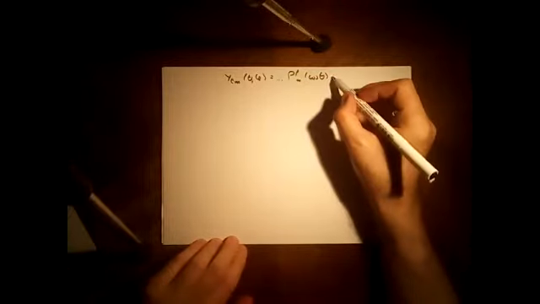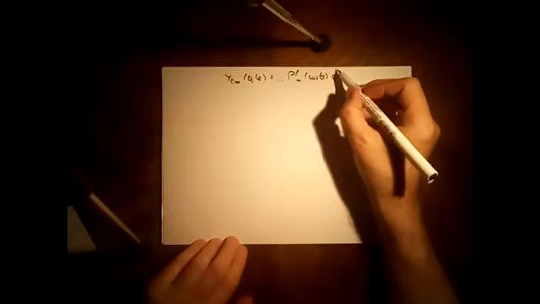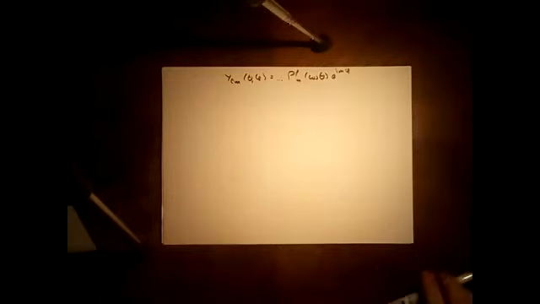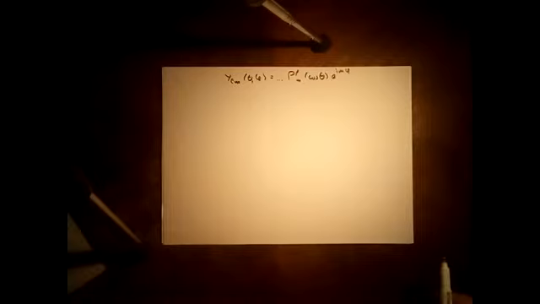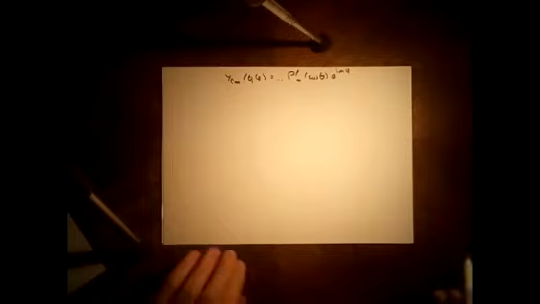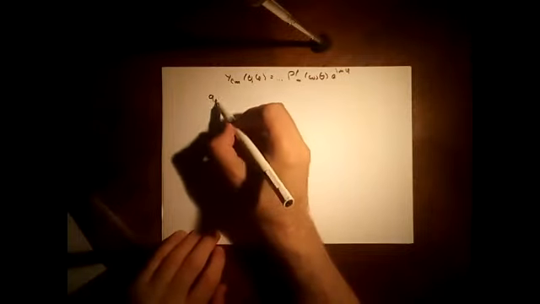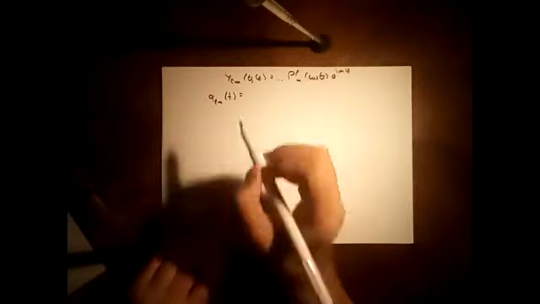The important thing is that we're going to have an e to the i m phi. The phi dependence of the spherical harmonic goes as e to the i m phi. That's important.